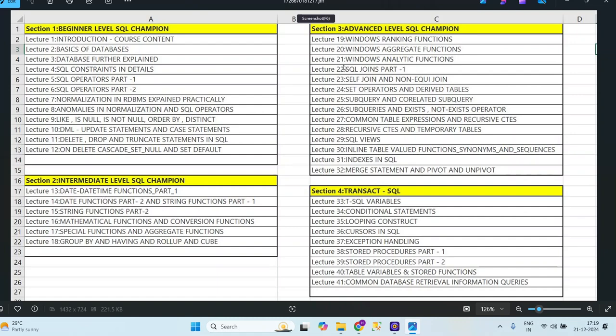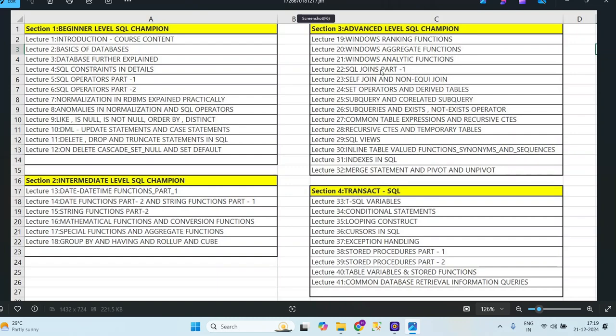Then in the advanced level SQL champion, I have covered window aggregate functions, window ranking functions, window analytical functions, SQL joins, then self join, non equi join, set operators and derived tables, then subqueries and correlated subqueries. These are two different things.